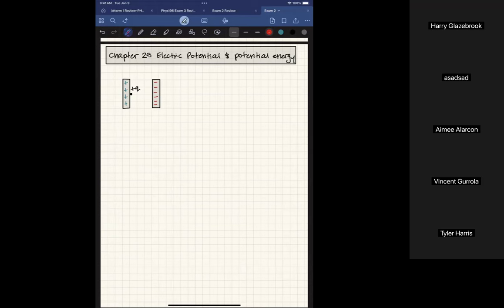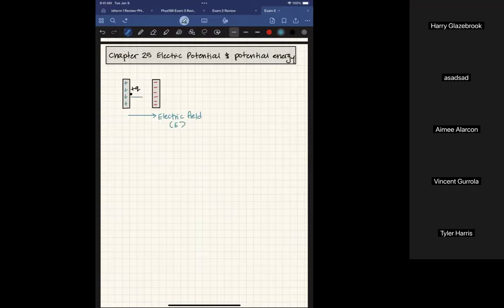Now, we know that the electric field is going to point from the positive plate to the negative plate, and it's going to be constant. So this is our constant electric field, which we'll note as E. We also know that a positive charge is going to feel a force in the same direction as the electric field.